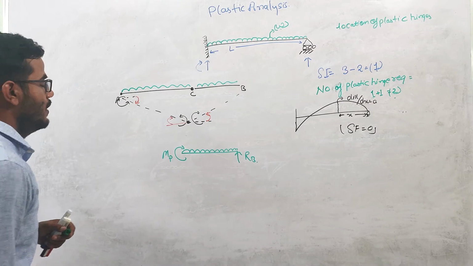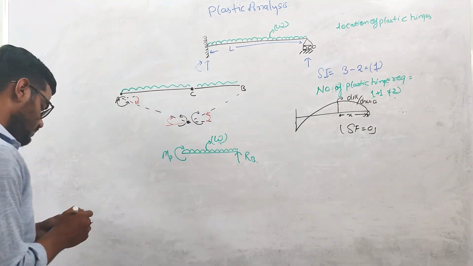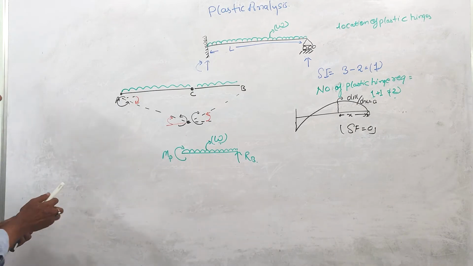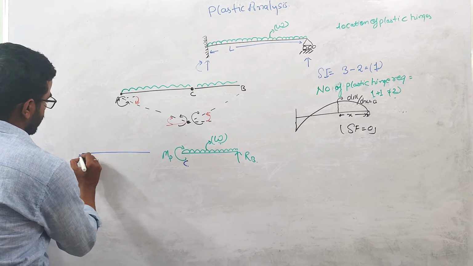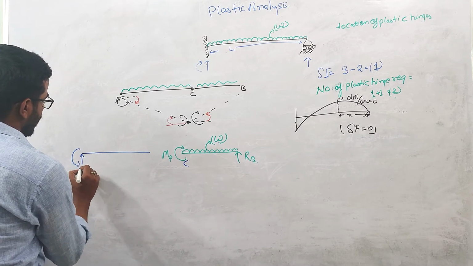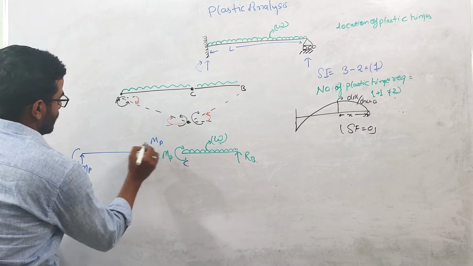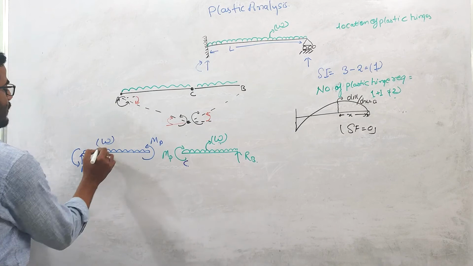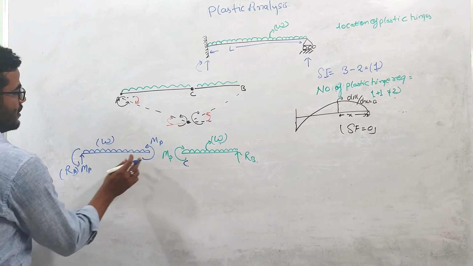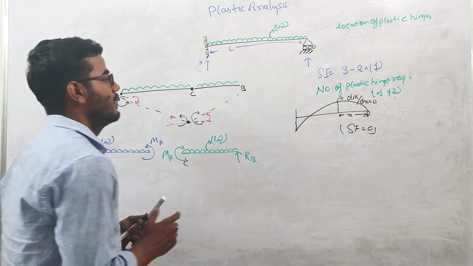The magnitude of this UDL is W. Now this is point C. For this AC portion, the direction of the moment MP will be like this, and for this portion it will again be like this. Here is the UDL, which is W, and this is reaction RA. Shear force at the end is 0. Why 0? Because dM by dx equals 0 at this point.